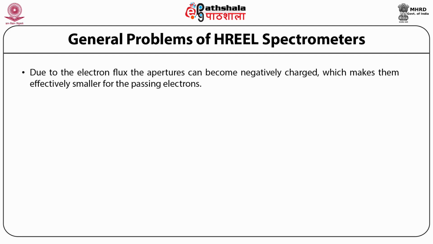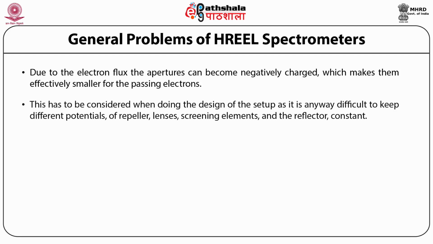Due to the electron flux, the apertures can become negatively charged, which makes them effectively smaller for the passing electrons. This has to be considered when designing the setup, as it is anyway difficult to keep different potentials of the repeller, lenses, screening elements, and the reflector.